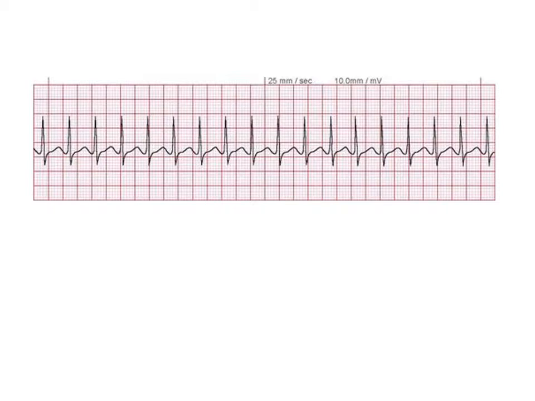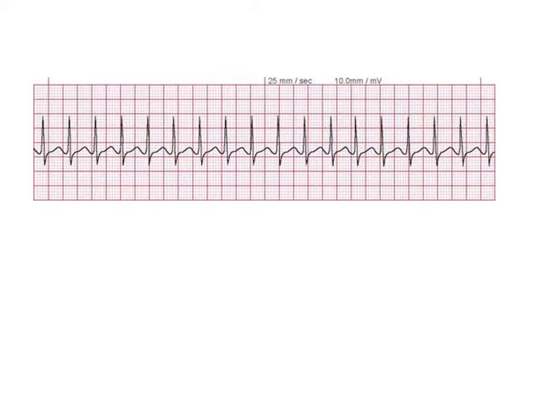All right, what do you see here? What's the rhythm? Is it normal? Is it regular? So first things first, regular or irregular? Regular, right? You can pretty well predict where the next R wave is going to occur. R waves are all equally spaced apart. Okay, what's the rate? 2 big boxes between R waves, 300 divided by 2, 150.